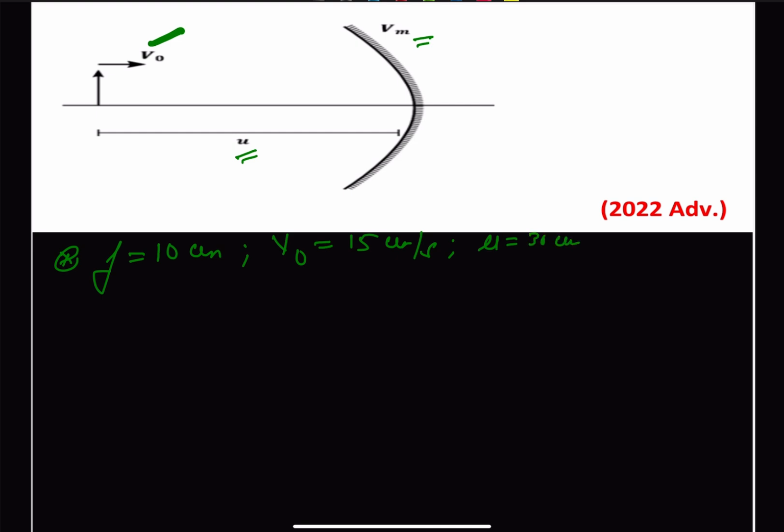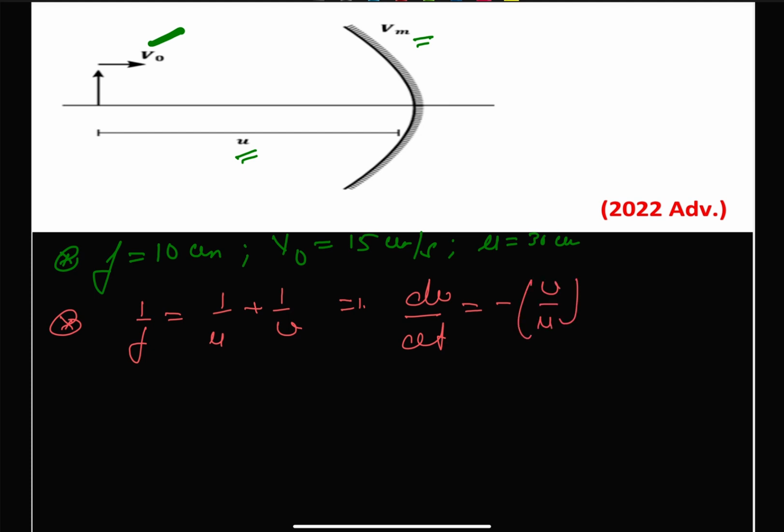So here we are going to use the basic mirror formula, and we can write that 1 upon f is equal to 1 upon u plus 1 upon v. And if we differentiate this equation, because focal length will be constant, we can write from here that dv by dt will be equal to minus v upon u whole square times du by dt.